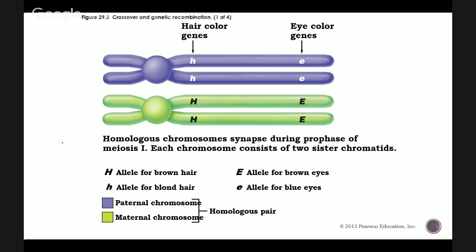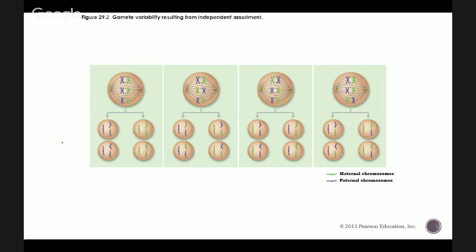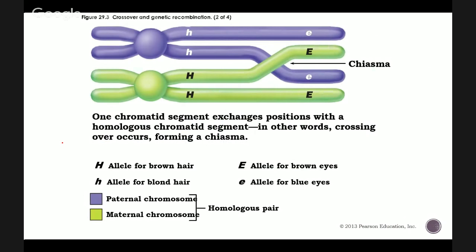So during the process of meiosis, you will see the homologous pairs of chromosomes line up next to each other before the cell gets ready to divide. And what can happen sometimes is that we see something called crossover, where the legs or the limbs of the chromosomes actually cross with each other and they exchange genetic information.